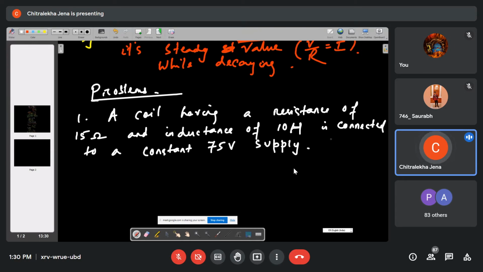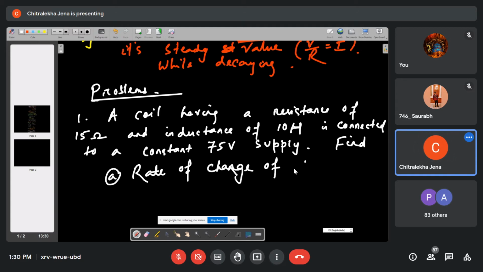All of you write down quickly. You have to find, first bit, the rate of change of current at the instant of closing the switch.